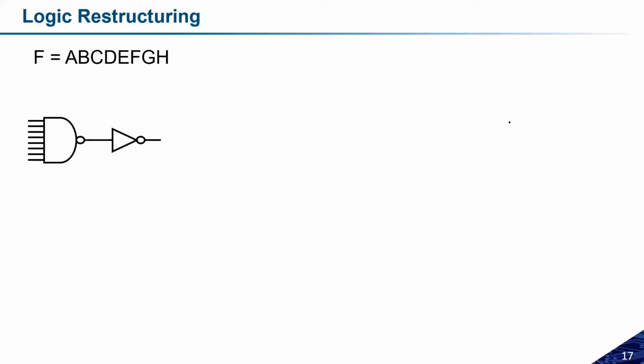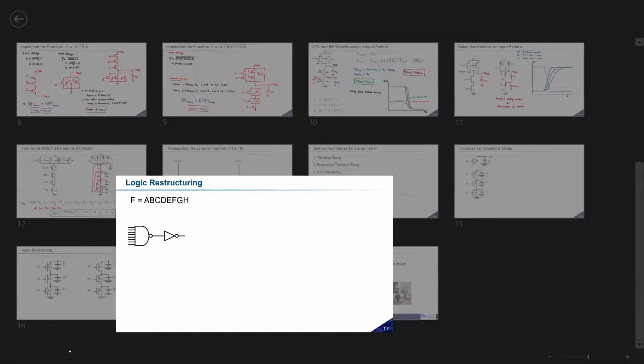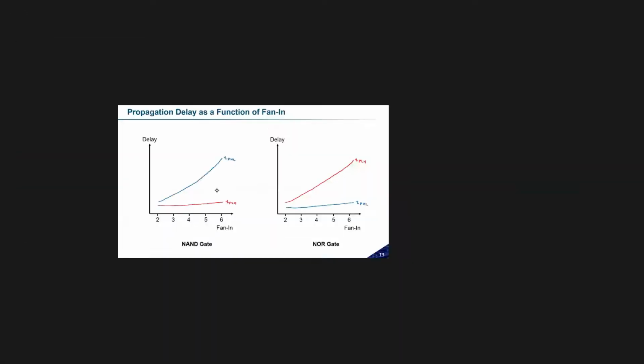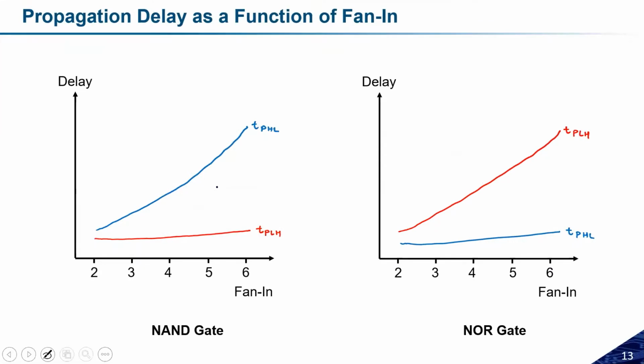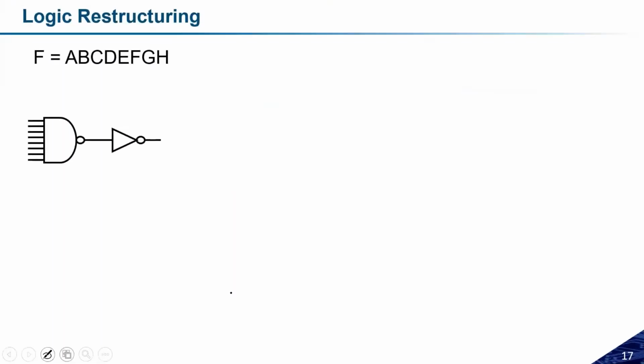Now, what we understood in the previous slide, if we go back to it, is that if I'm considering the NAND gate, this TPHL is a function of the fan-in.